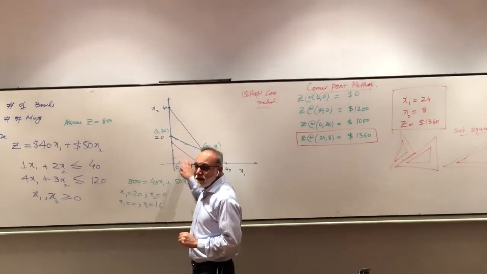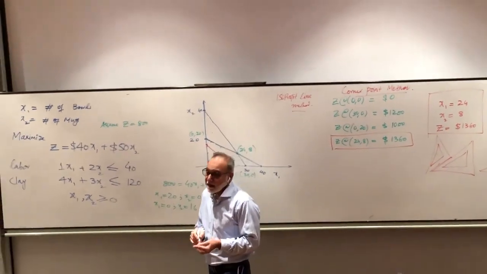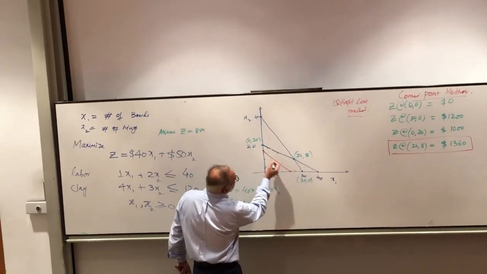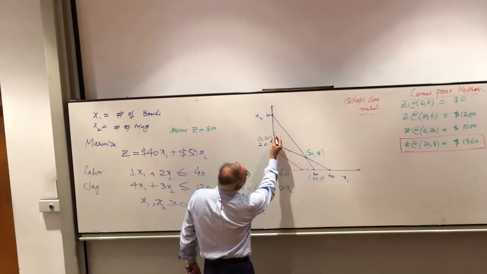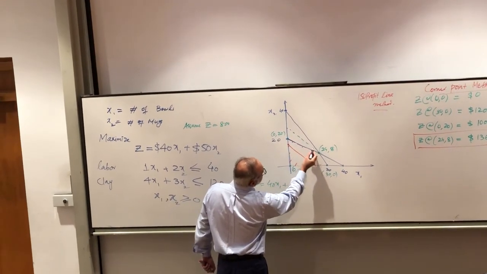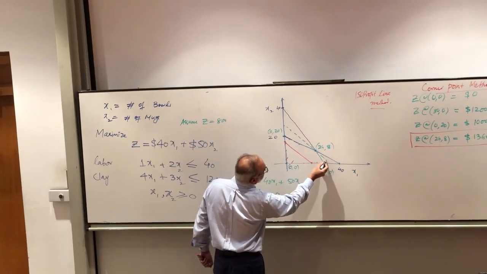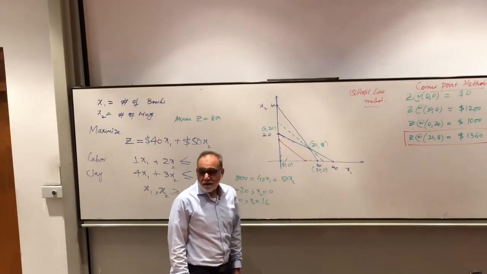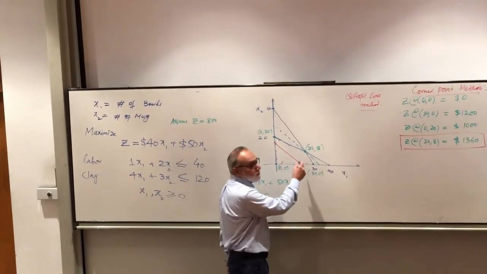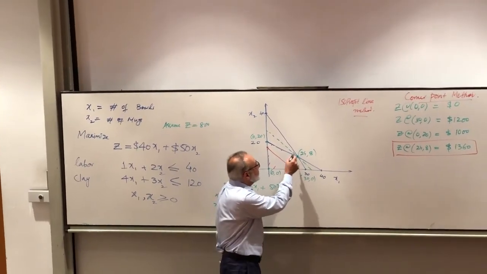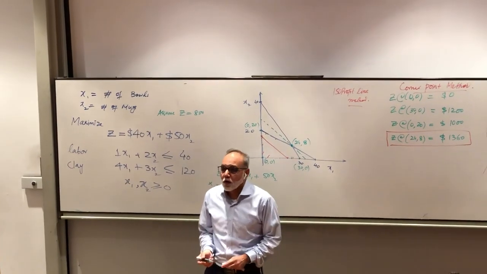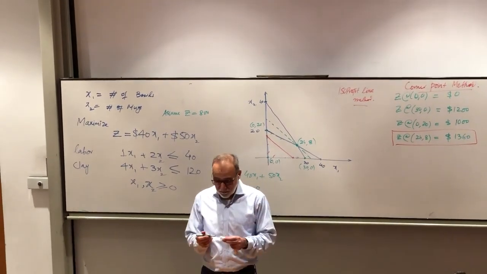You make parallel lines with these set squares, and eventually the last point that will be hit will be this extreme point. Since this is a graphical technique, you can read the coordinates from the graph, and that will be your maximum.